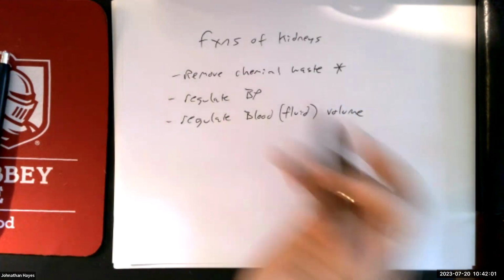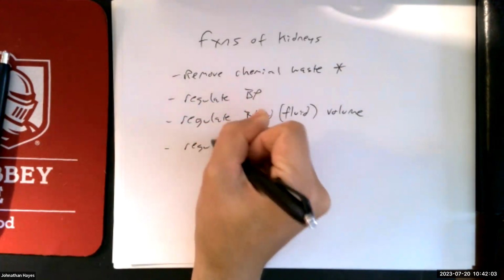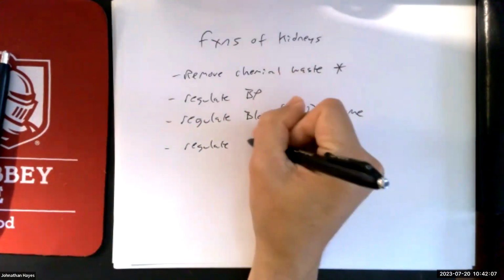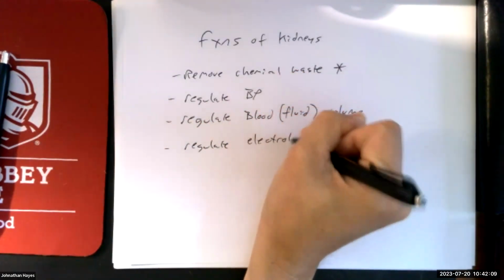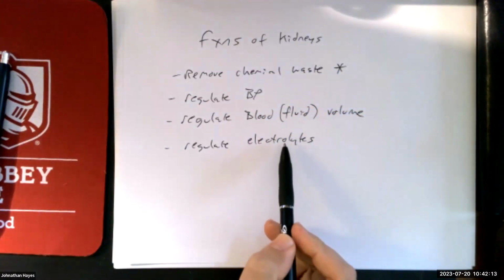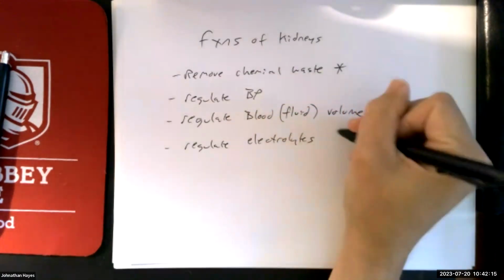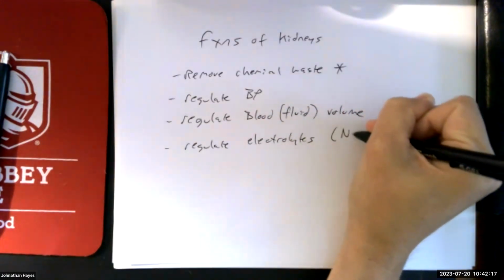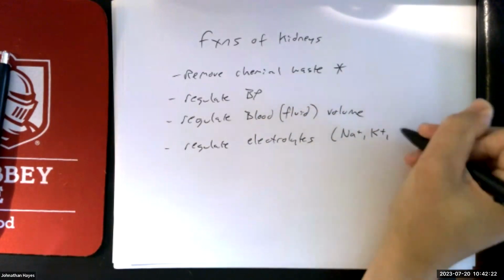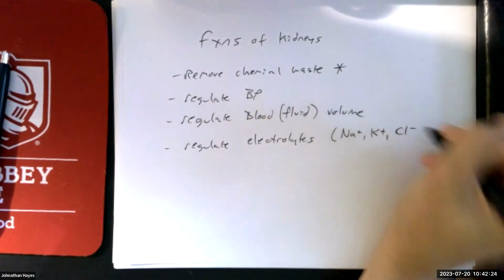And of course, within that fluid volume, we need to regulate a lot of the stuff floating around in it that we do need on a regular basis. It regulates electrolytes as well, because sometimes the volume follows certain electrolytes. Like, for example, the big electrolytes that we think about, sodium, potassium, we can even throw in chloride here.